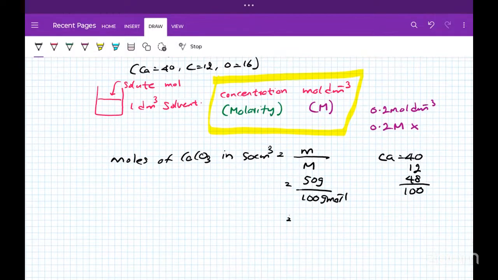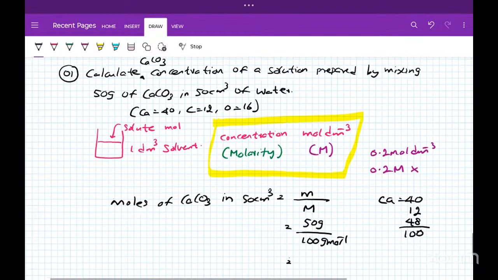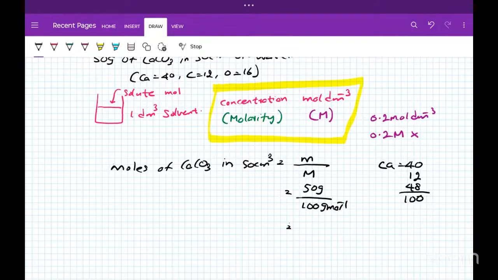So this is dissolved in 50 cubic centimeters. So we can say, therefore, the concentration of calcium carbonate. This amount of moles is within 50 cubic centimeters, right?